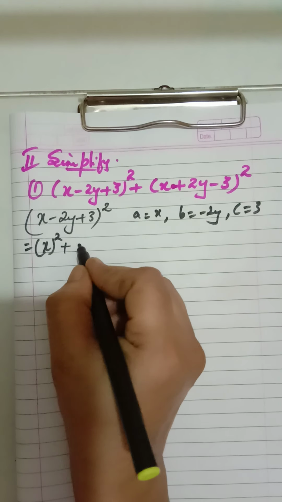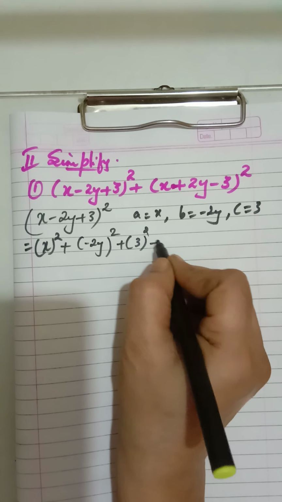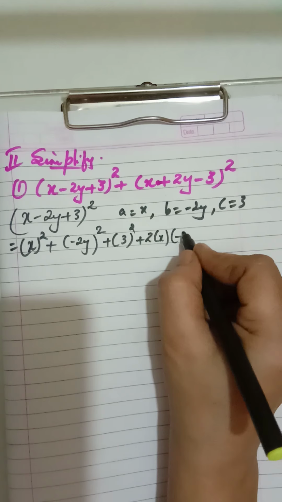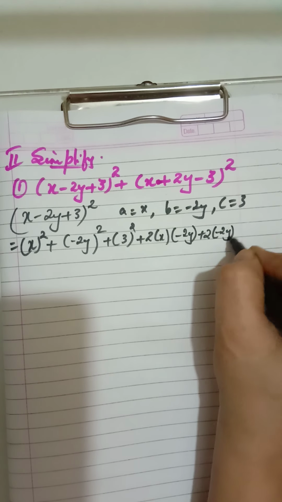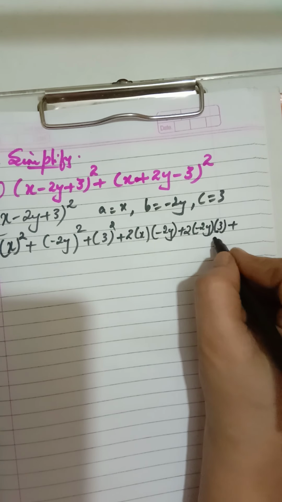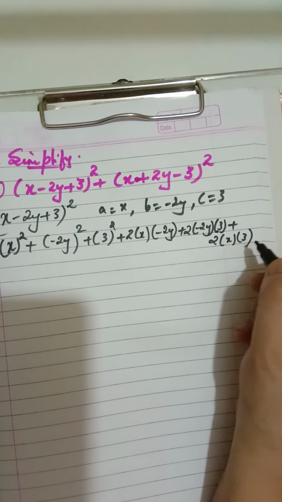So x² plus (−2y)² plus 3² plus 2ab, that means x into b, −2y, plus 2bc, −2y into 3, plus 2ac, a is x and c is 3.